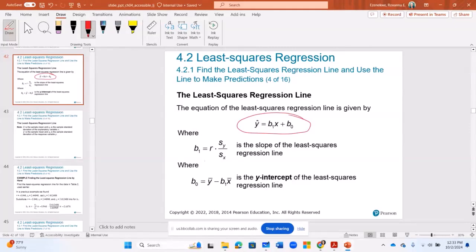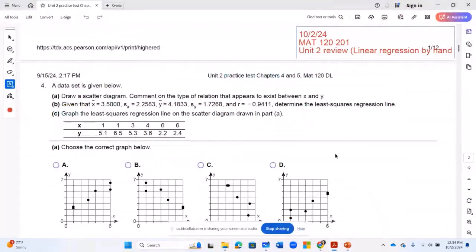So anytime they are asked to calculate, all they need is to substitute, because they're given everything. So just substitute into the formula. I'm going to go to that question again in the practice test, and we make sure that we calculate it so they know they can do it.